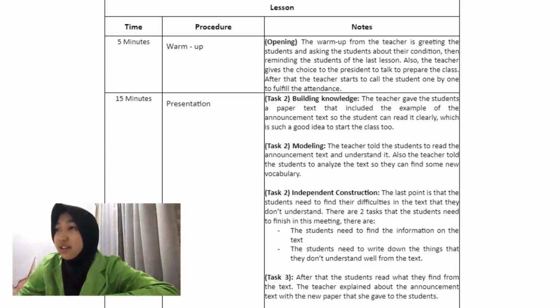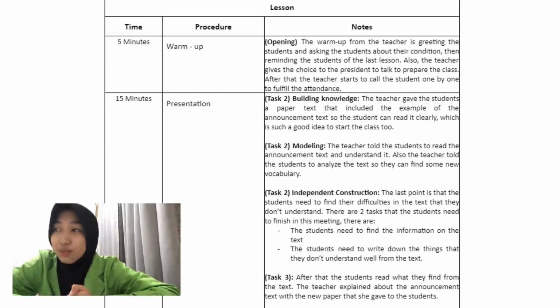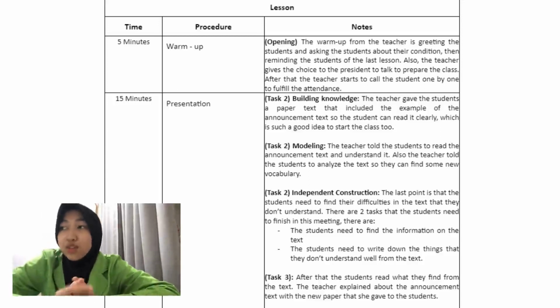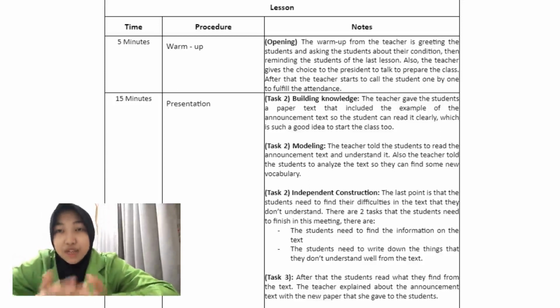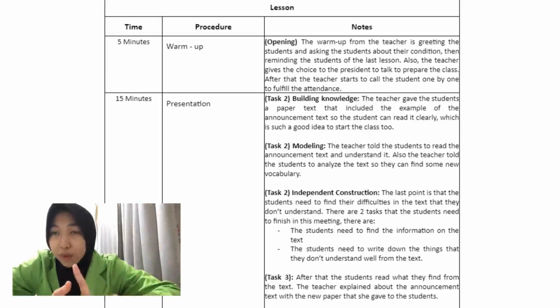And then for the presentation, the teacher spends about 15 minutes. This is task 1 in the presentation, and that is building knowledge. The teacher gave the students a paper text that included an example of the announcement text, so the students can read it clearly, without needing to look up at the whiteboard.